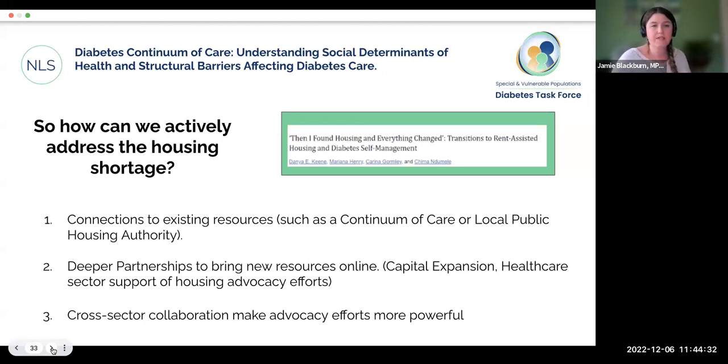So partnering with the housing providers in your community, the housing sectors, and exploring other efforts such as capital expansion, of which CSH offers a number of different HRSA-funded resources around capital expansion, and essentially becoming an active player in creating new housing in your community, and lending the healthcare sector weight behind existing housing advocacy efforts is really powerful. And those cross-sector collaborations are going to make those efforts stronger. And the housing sector really wants to partner with the healthcare sector. And so reaching out and making those collaborations are really key to ultimately connecting your patients to the housing resources that they really need.